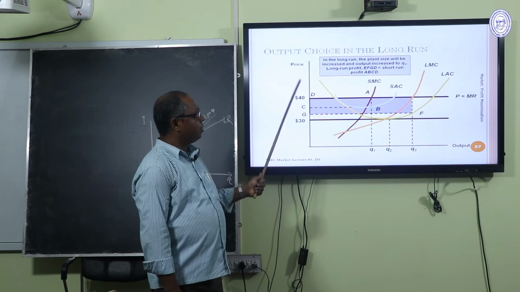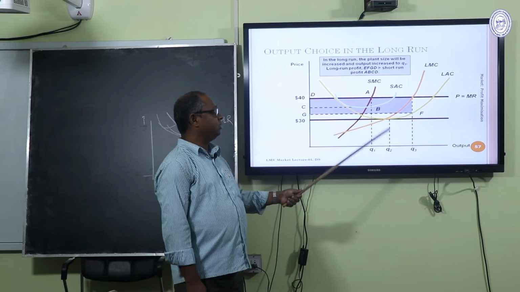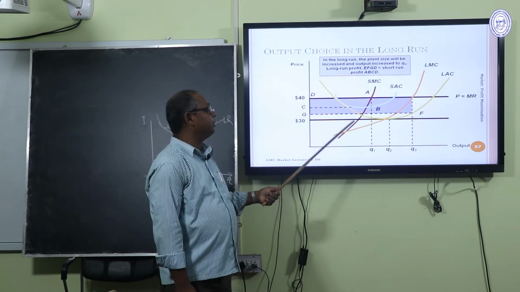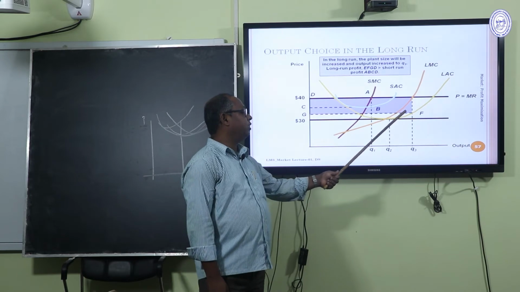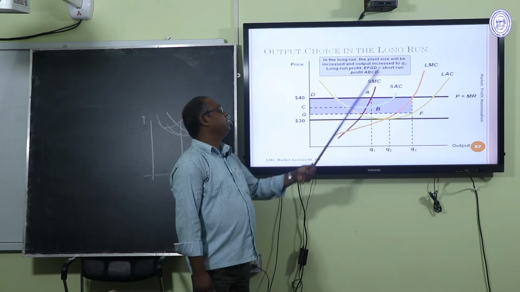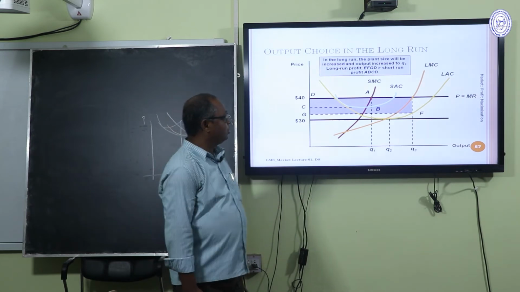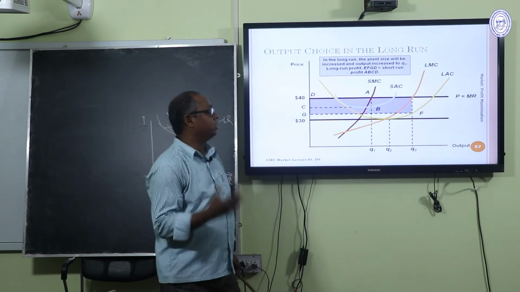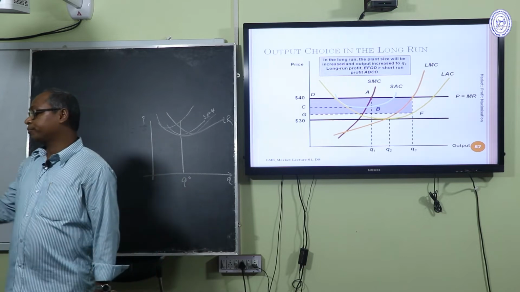Now, if the firm uses any alternative plant, there is a possibility of increasing profit, and that has been shown here. Here, EFDZ is the possibility of long run profit, which is higher than the short run profit.